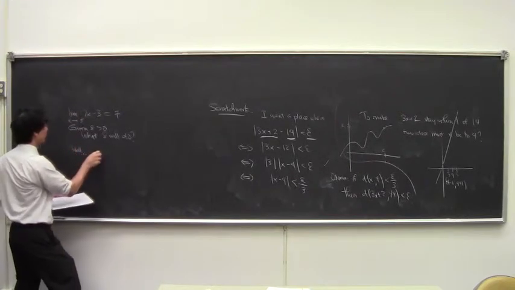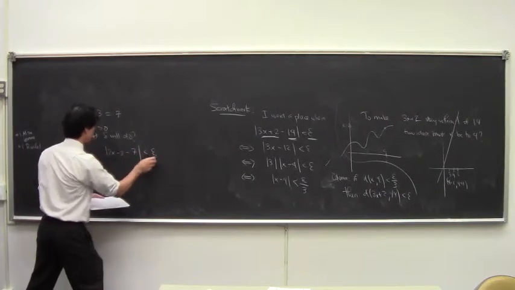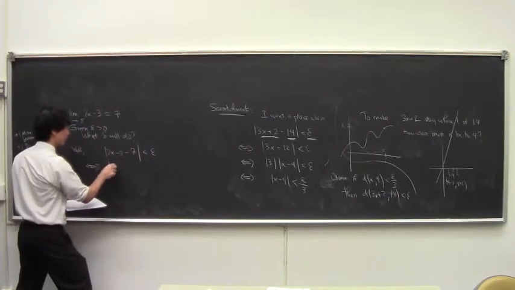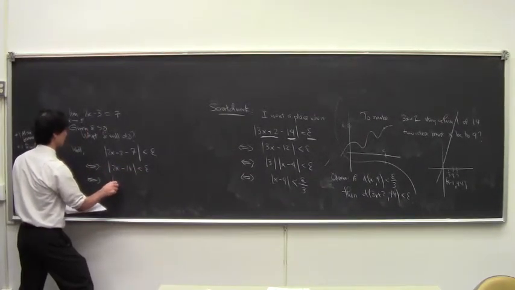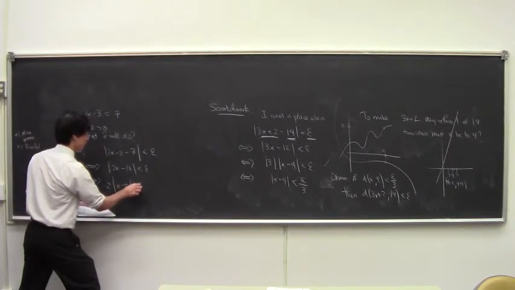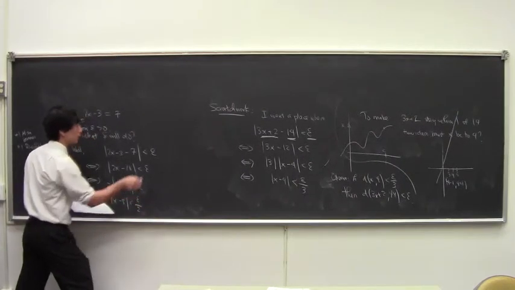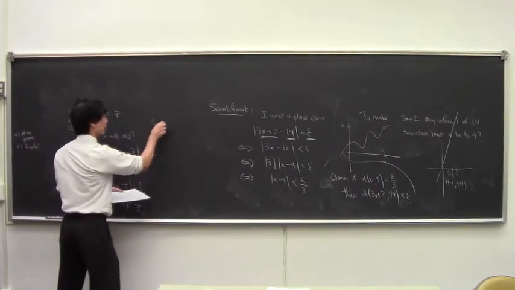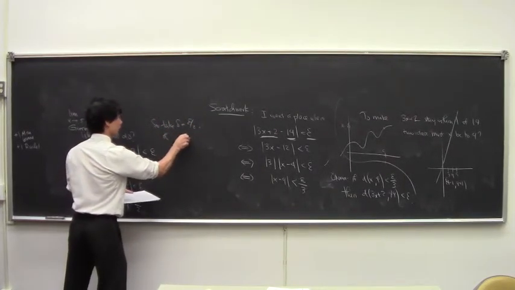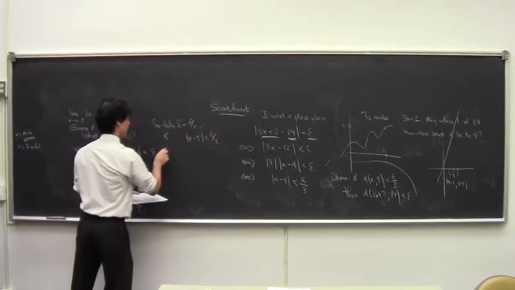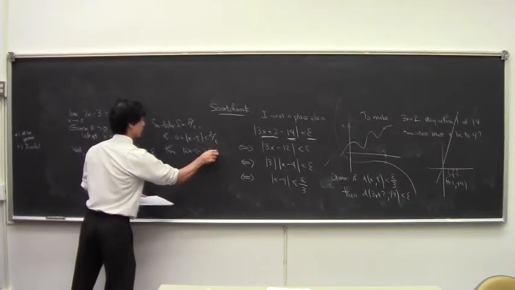If we're trying to make this less than epsilon, this is equivalent to 2x minus 5 less than epsilon, which is equivalent to this thing being smaller than epsilon over 2. So take delta to be epsilon over 2. If x minus 5 is less than epsilon over 2, then 2x minus 3 minus 7 is less than epsilon.